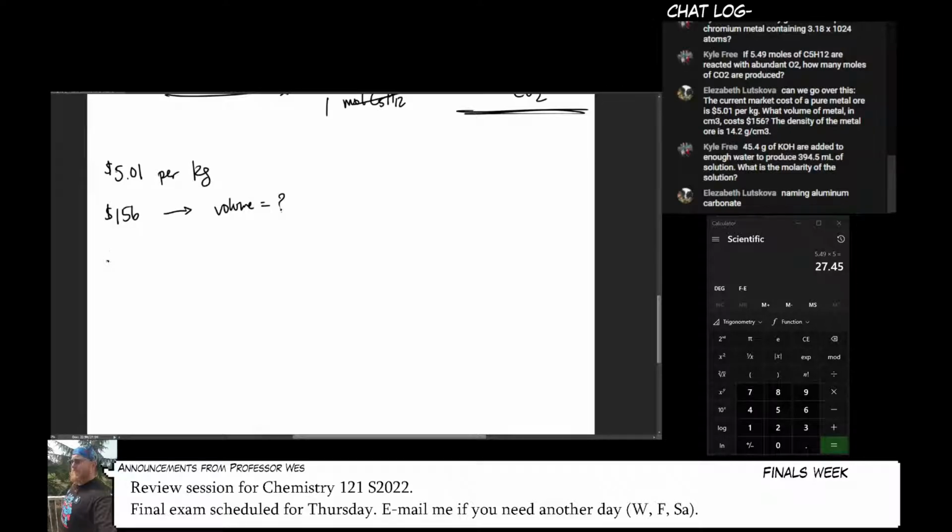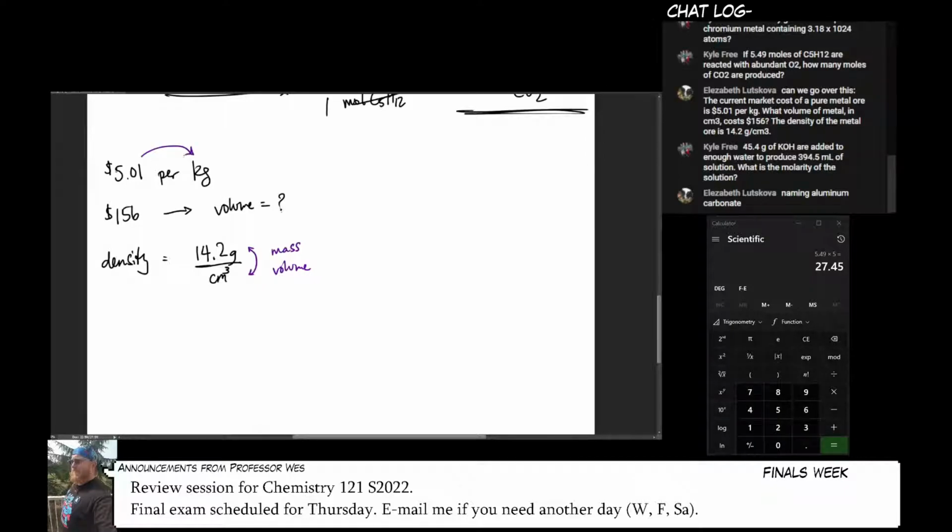And I know that the density is equal to 14.2 grams per cubic centimeter. All right, how do I solve this? Well, let's look at what our conversions do. So this conversion converts mass to volume.